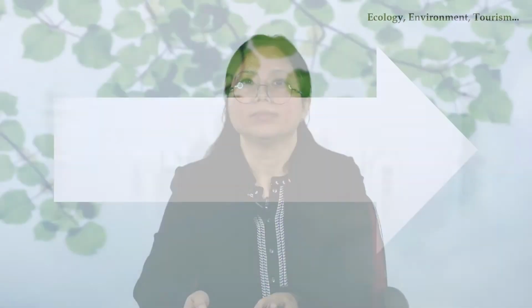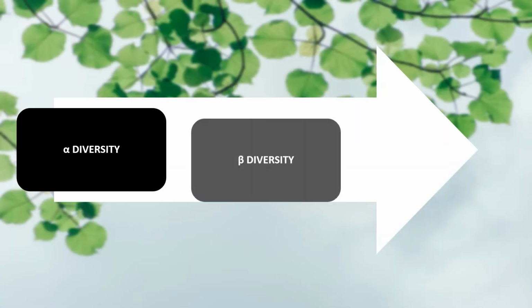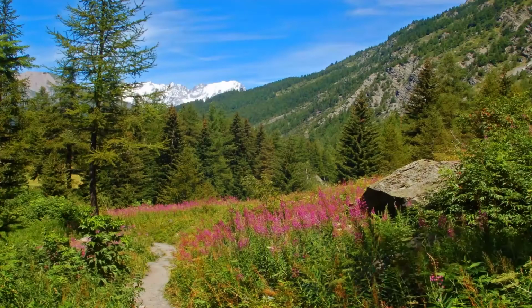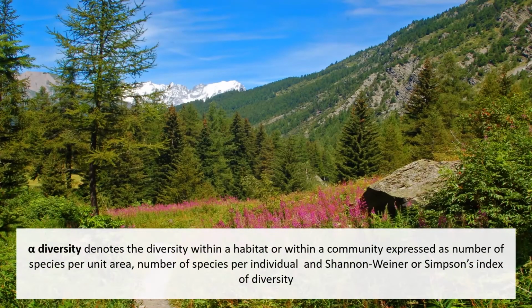Now there are three types of diversity: the alpha diversity, the beta diversity, and the gamma diversity. What does alpha diversity denote? Alpha diversity denotes the diversity within a habitat or within a community, expressed as the number of species per unit area, the number of species per individual, and the Shannon-Wiener or the Simpson index of diversity.